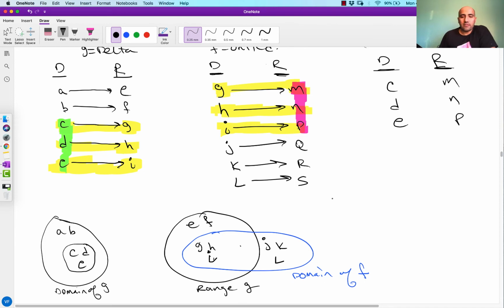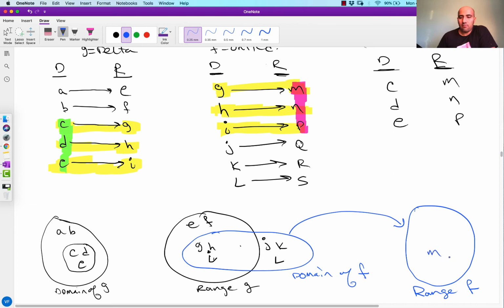And then all of this leads to over here, which is going to end up being the range of F, right? And so we have the M, N, and P, kind of special there. And then we have a Q, R, S are also there.